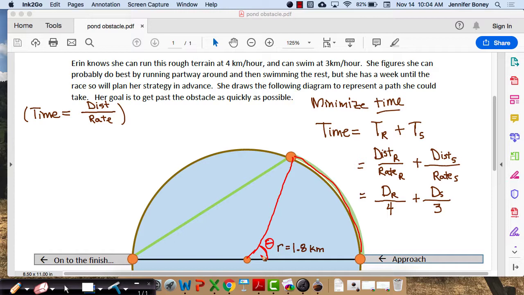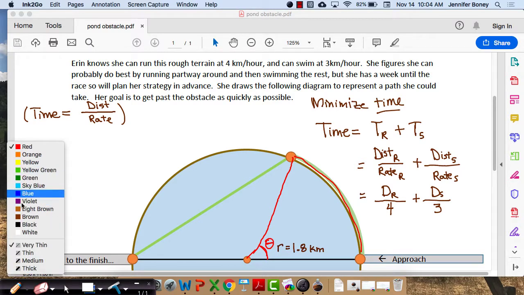She goes around this circle that has a radius of 1.8 kilometers, travels around an arc that subtends an angle of theta radians. What's the length of the arc? 1.8 times theta.